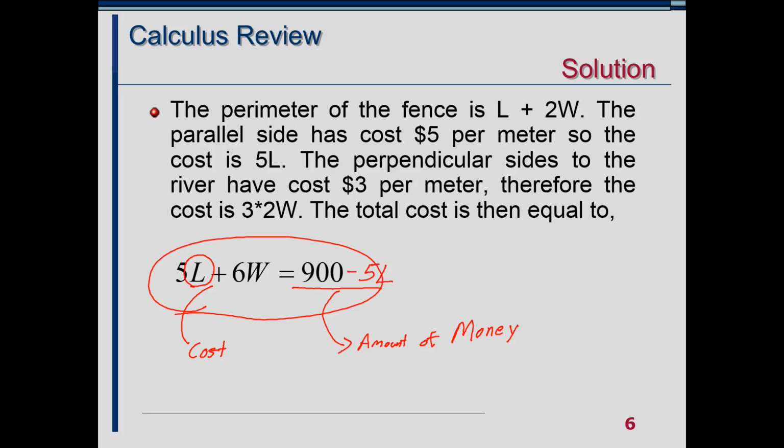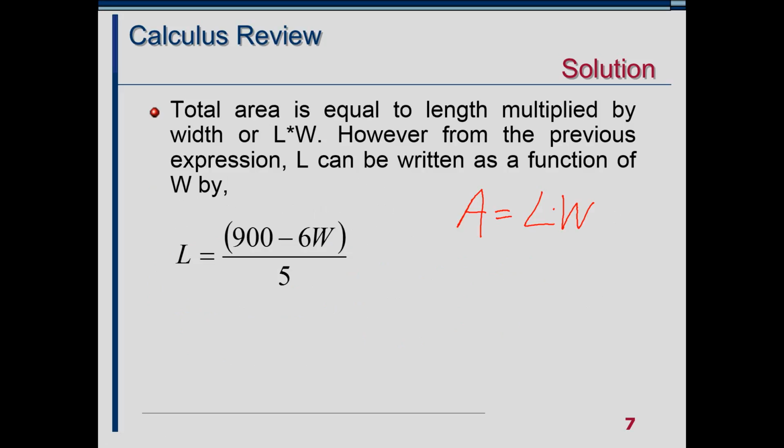We would have 900 minus 6W, divided by 5, and this would be equal to L. So we've simply found another way we can write L in terms of W. And this is important because we're trying to reduce this equation that has 2 variables down to an equation that has 1 variable. Okay? So I think that's pretty clear that L can be written as a function of W.